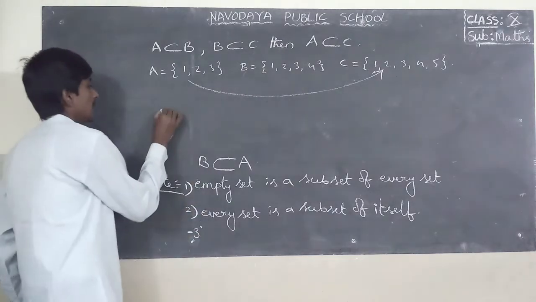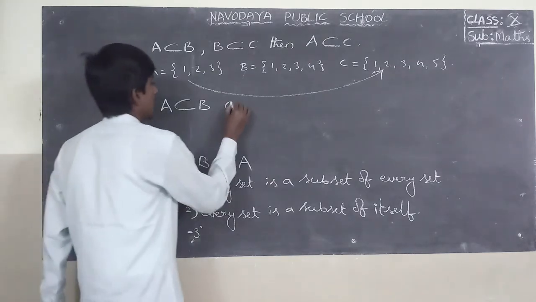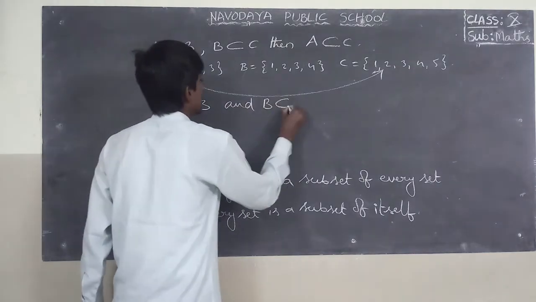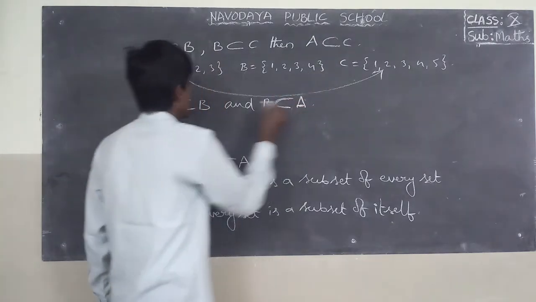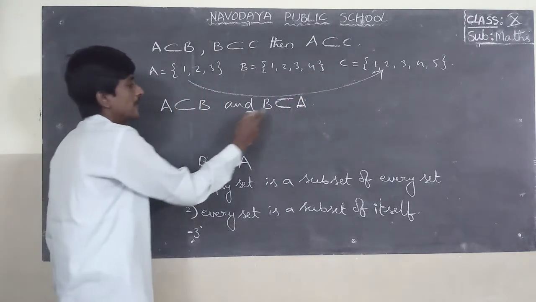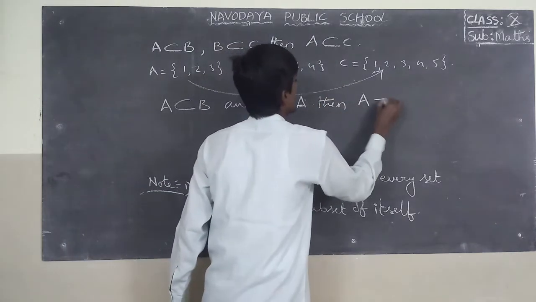And if A is subset B and B is subset A, then the two sets must be equal.